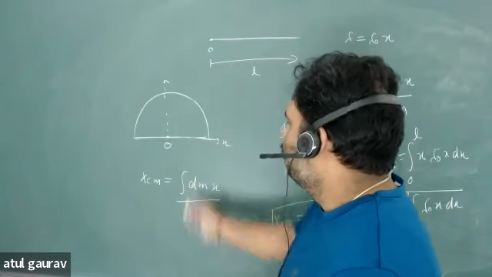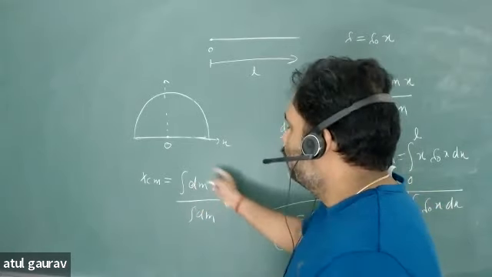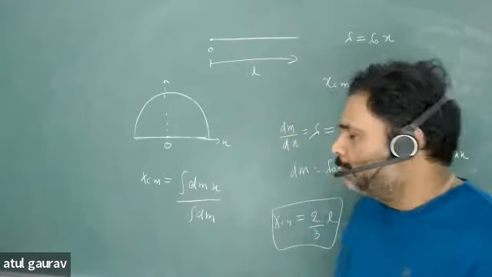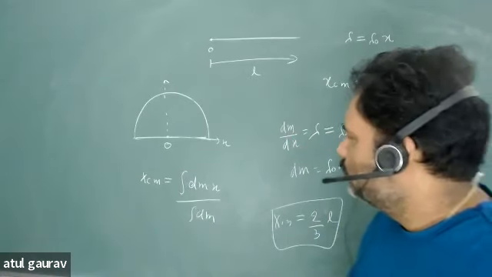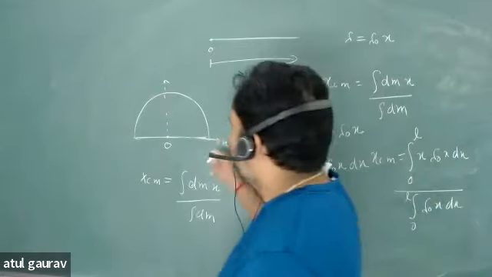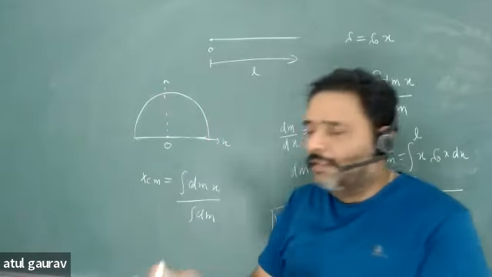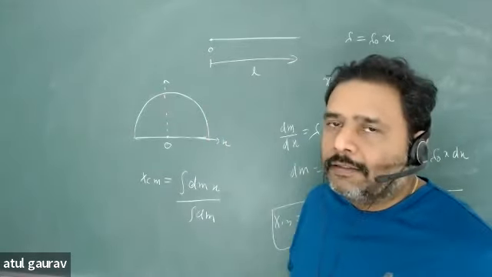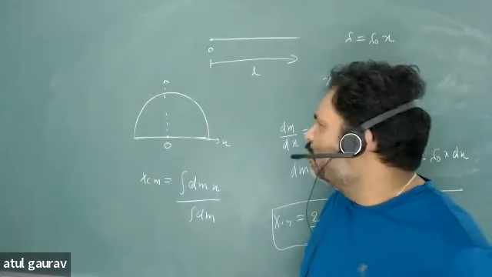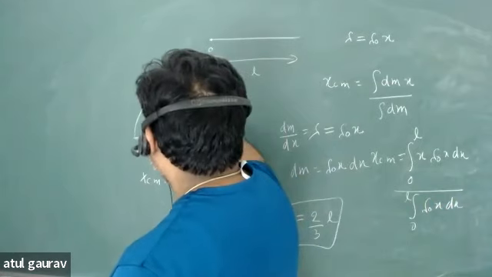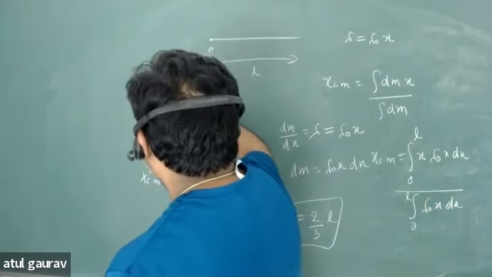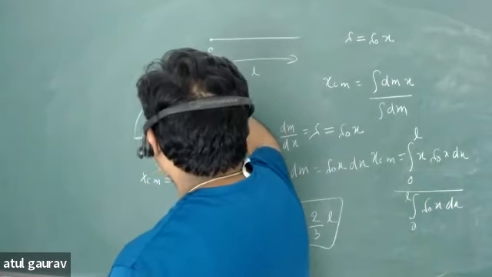What will be your dm? Now you have to convert each and everything into which coordinate system? Spherical? Cartesian? This is a ring, so polar coordinate system. Here you have this as your length, r d theta.